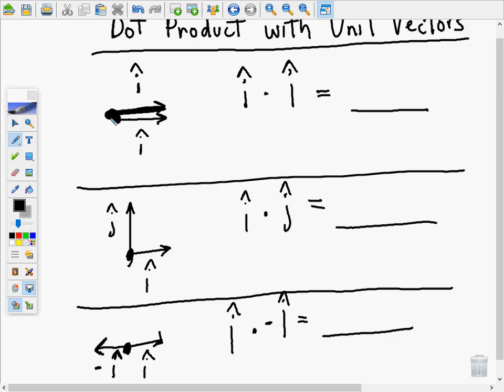But for now, you could just check with your table partner, see if you're in agreement. Because we're going to use this, folks, as we go forward and take the dot product of two three-dimensional vectors.